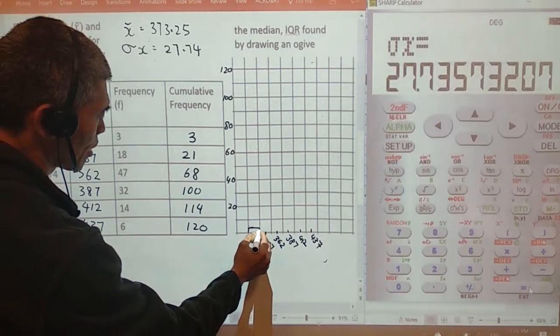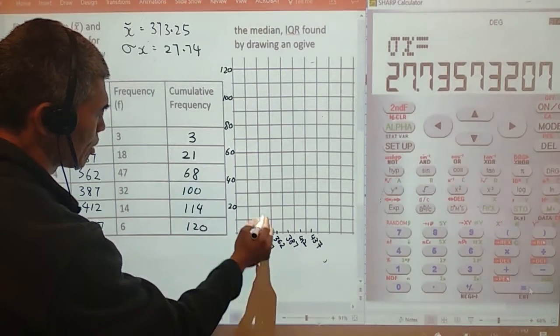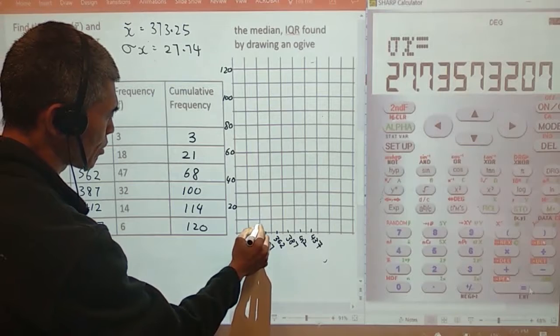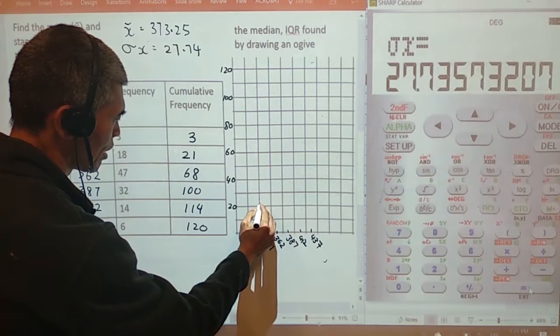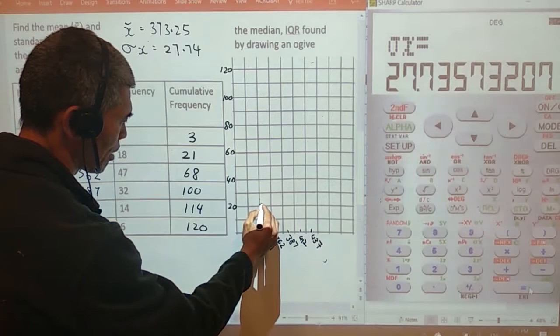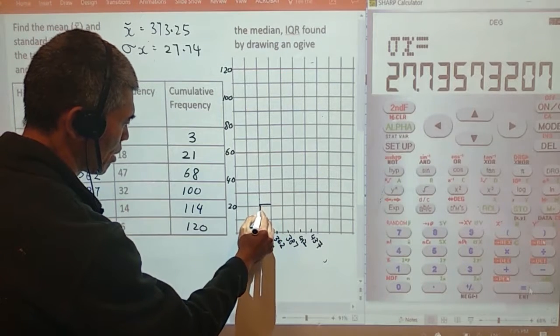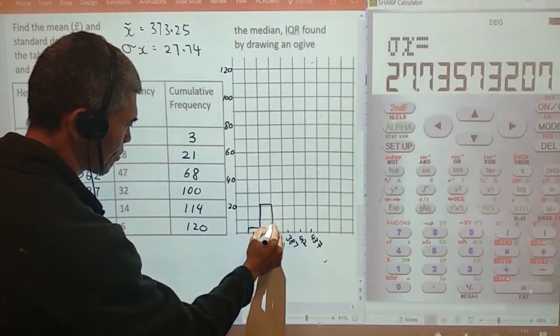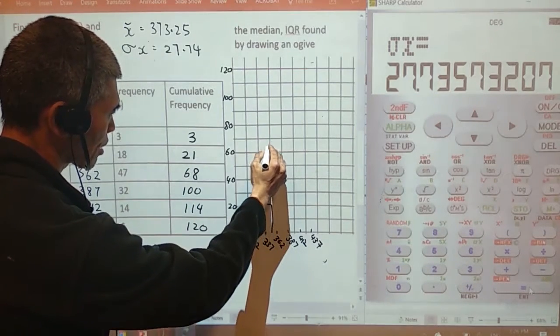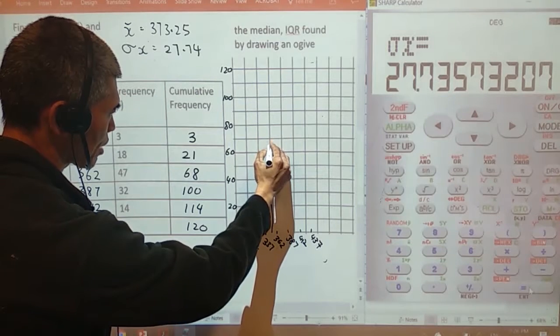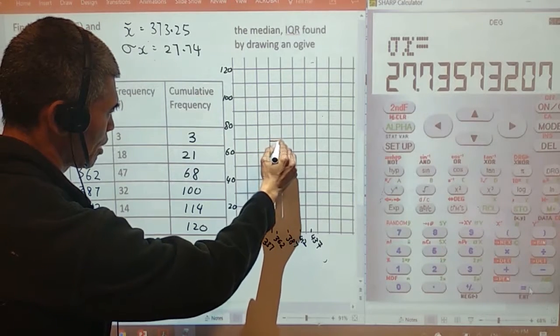That's our next column here. This is 30. This is 25. 21 would be somewhere here. All right. 68 will be somewhere here.